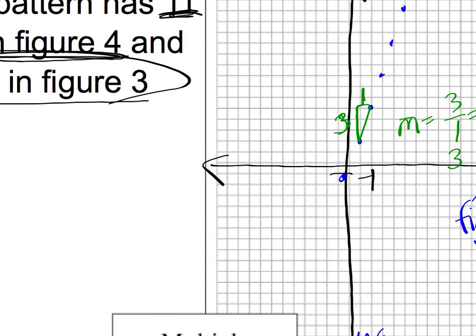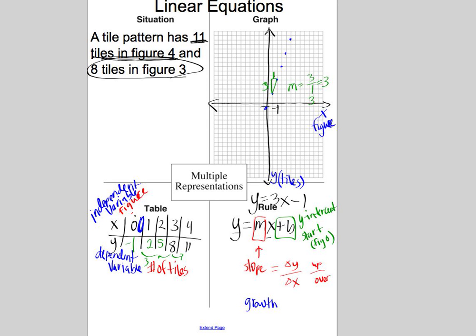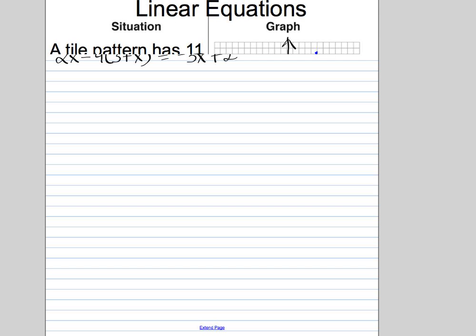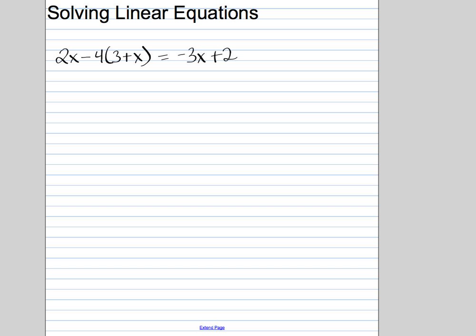Now let's take a look at our equation solving that we're going to do next. Solving linear equations. I know most of you could whip out how to solve this real quick, but we're going to jot some notes down and talk about some suggested steps.